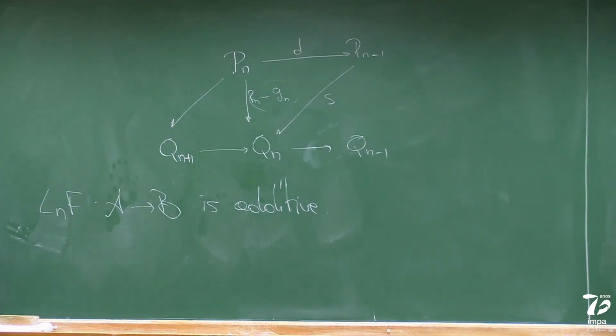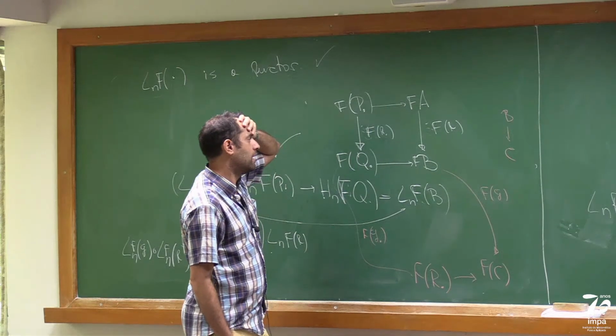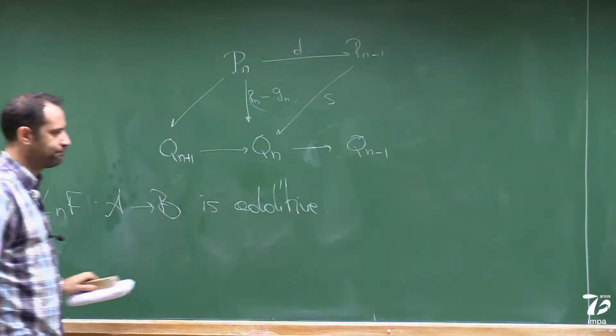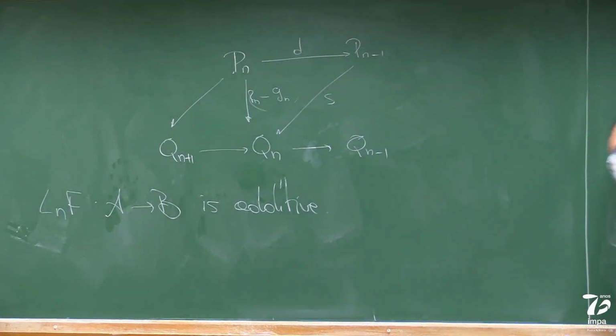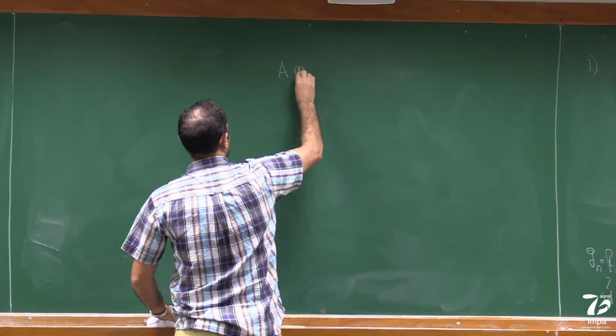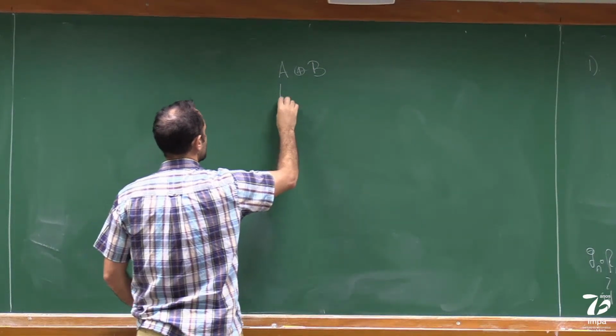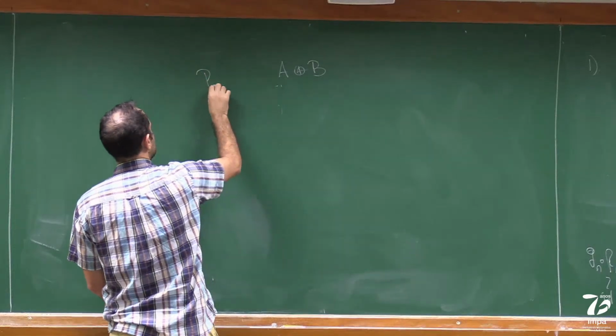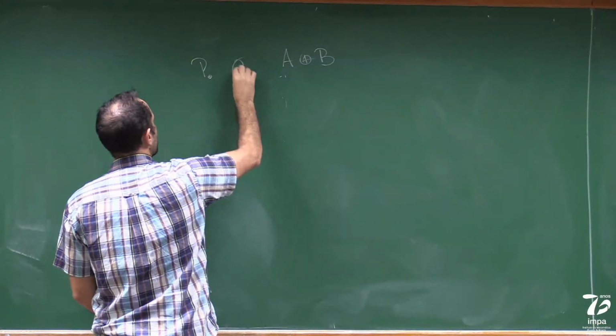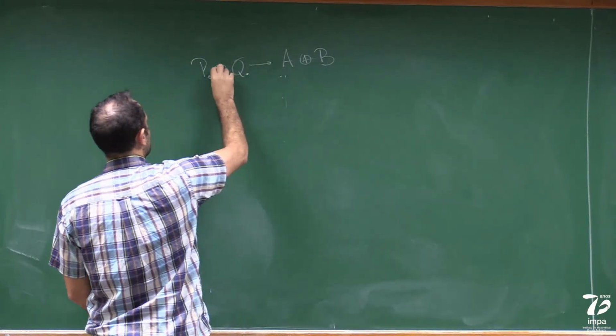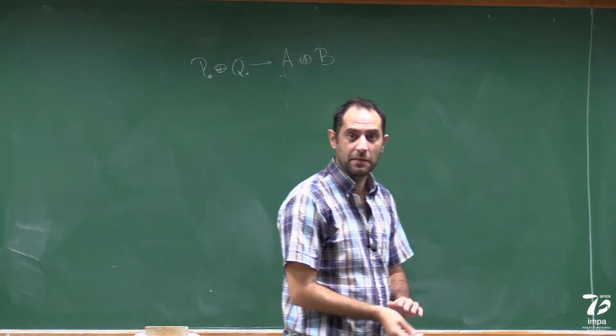This is essentially the fact that, at the level of objects, if you grab two objects, and P is a projective resolution of A, and Q is a projective resolution of B, then the direct sum is a projective resolution of A plus B.